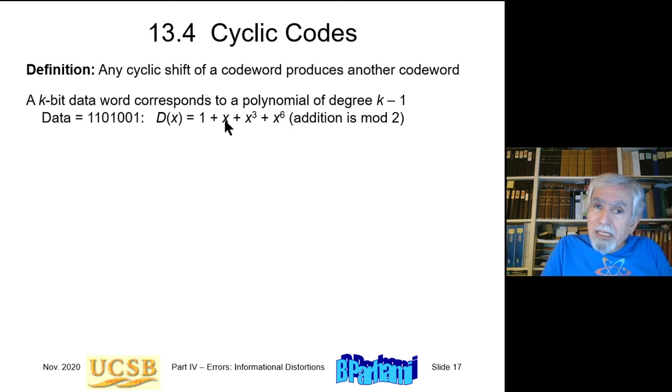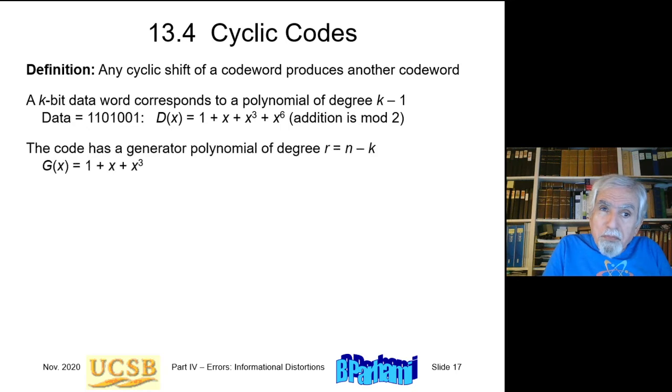In other words, x plus x cancel each other out. So addition is sort of like subtraction in this modulo 2 operation space. So adding x is like subtracting x from this polynomial.